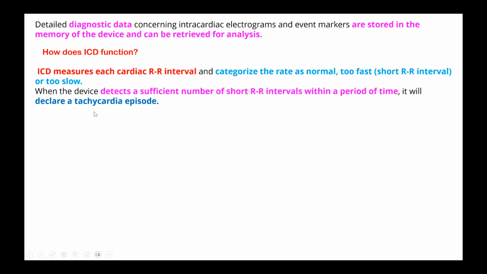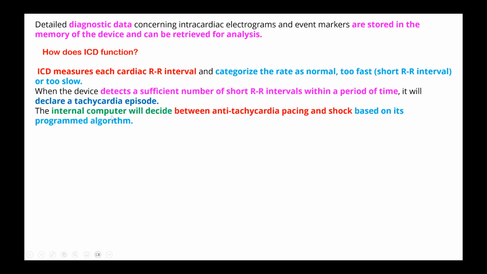Then it will declare that as a tachycardia episode. And the integral computer will decide between anti-tachycardia pacing and shock based on its programmed algorithm. So that much advancement is there in the computer-integrated pulse generator of the ICD, which is different from the pacemaker. And the generic code which we use for the pacemaker, does it apply to the ICD?